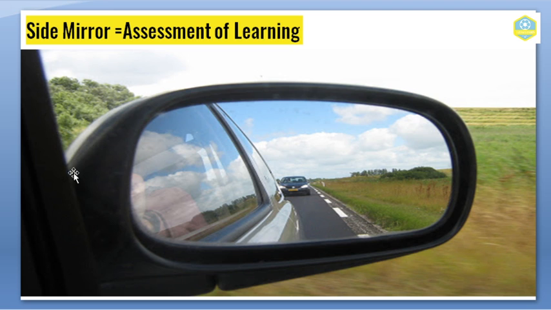Similarly, we use these side mirrors. Imagine your intention while you use these two mirrors. Which one do you use mostly? And when you use these mirrors, what exactly do you want to see?